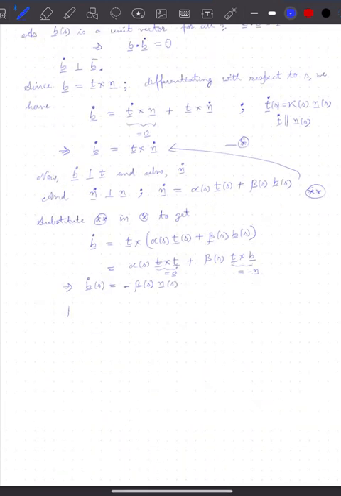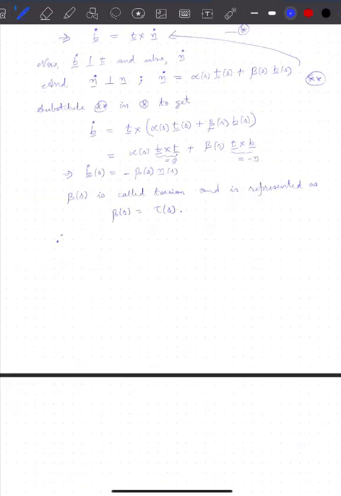Now this beta of S is called torsion, and it is represented as beta of S is equal to tau of S. Conventionally, this is how we represent it.